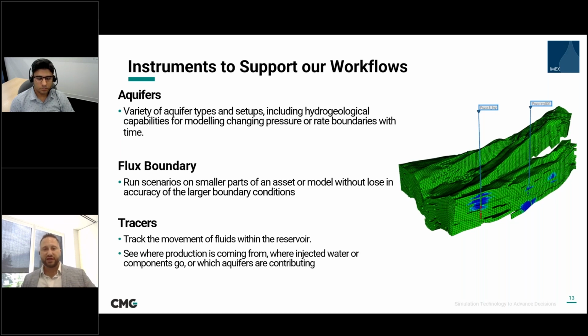Flux boundaries allow you to run the larger model, then actually take out a subsection of that, and the fluxes, the fluid movement in and out and pressure changes are actually still accounted for. And so in this way, you can actually model a smaller area of the model much quicker and do numerous scenarios before then applying it back to the large model while still having the overall complexity of the simulation applied.